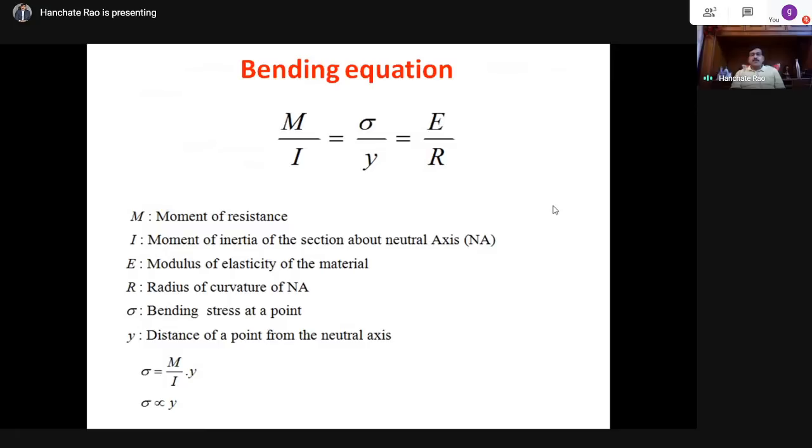When the beam is subjected to bending, the beam bends into a circular arc. That radius R, the radius of the circular arc, is called the radius of curvature of the neutral axis. Sigma is the bending stress at any point, and y is the distance of a point from the neutral axis.